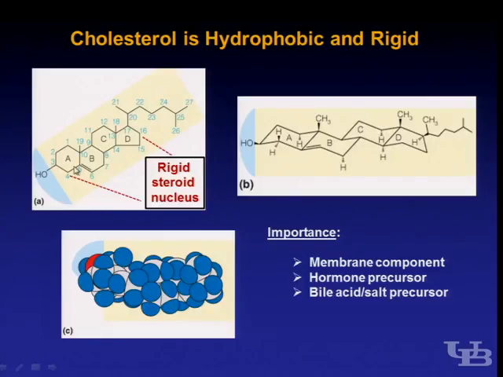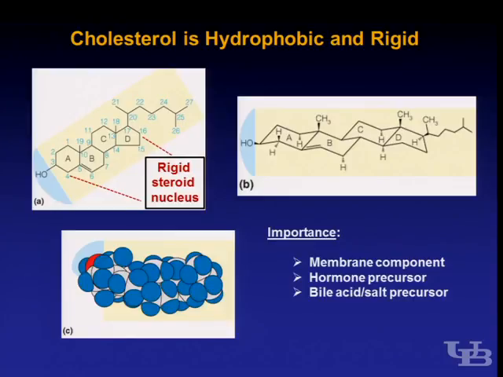This is a steroid ring. The nucleus meaning this is a steroid ring, and then this is a tail. So there is a little hydrocarbon tail here, and when you look at this, the sole polar contribution, remember we said that all biological lipids, and cholesterol is one of them, are amphipathic in nature.